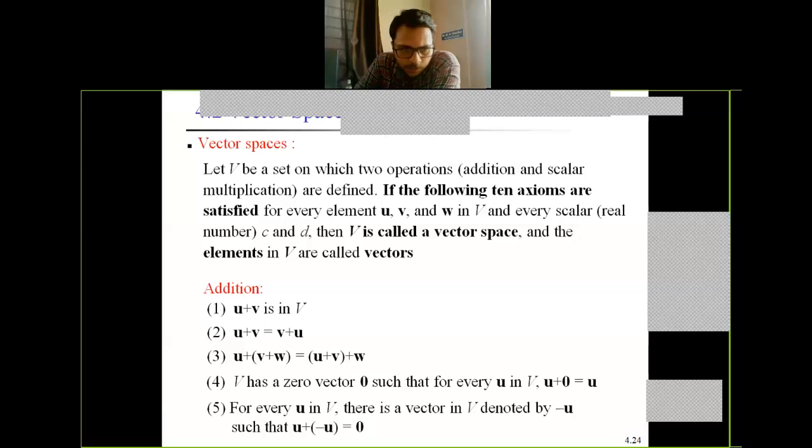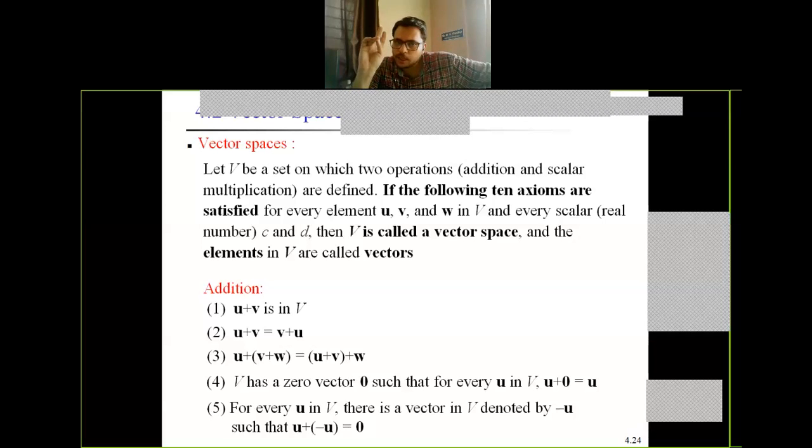But please see the first property: u plus v is in V. Again and again we go back to the definition: if the following 10 axioms are satisfied, the first axiom is that u plus v is in V. What is u? u is any element in the set V. What is v? v is also any element in set V. Small v means a vector, and set V means capital V. So u plus v means the sum of two elements.